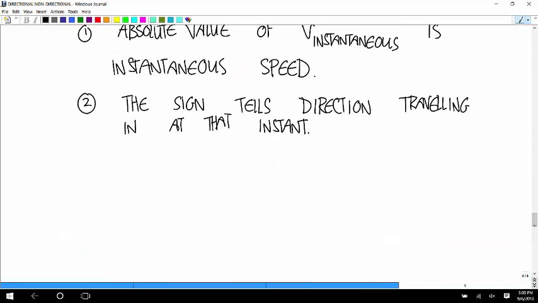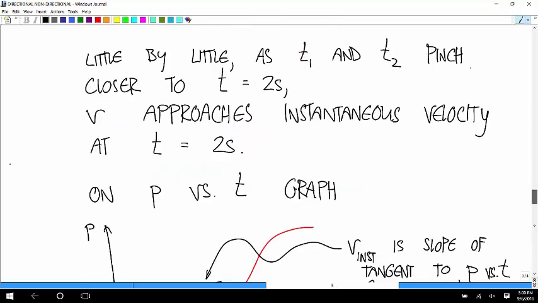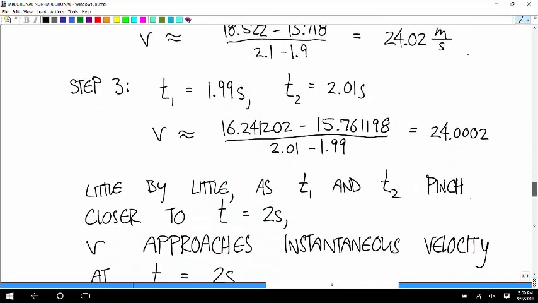And the last thing I want to say is, we can be talking about any one-dimensional motion, or any motion along a line.